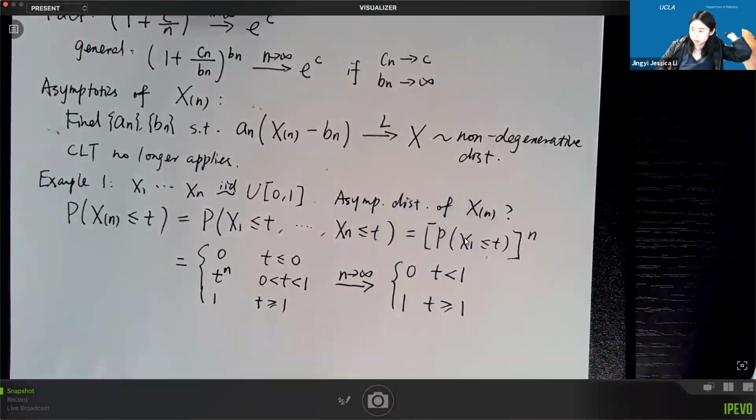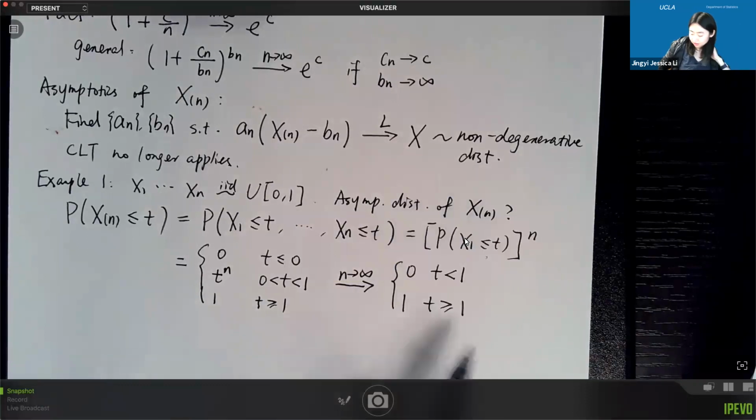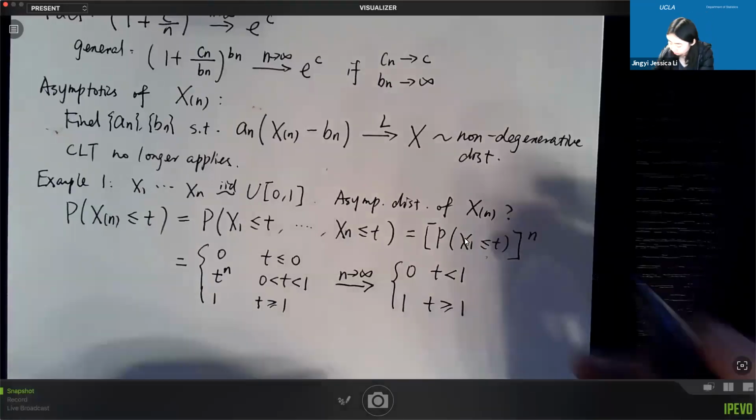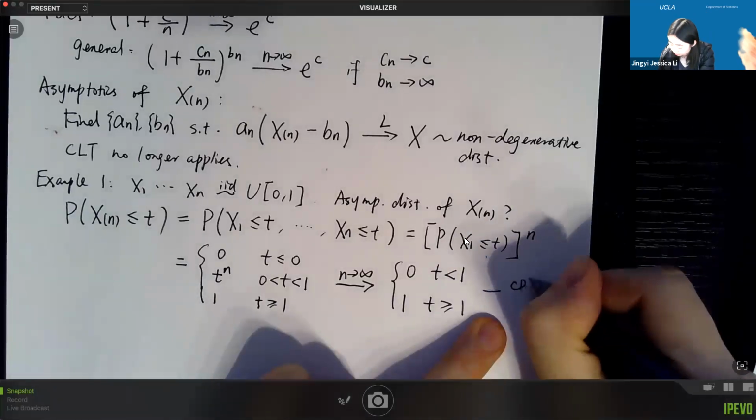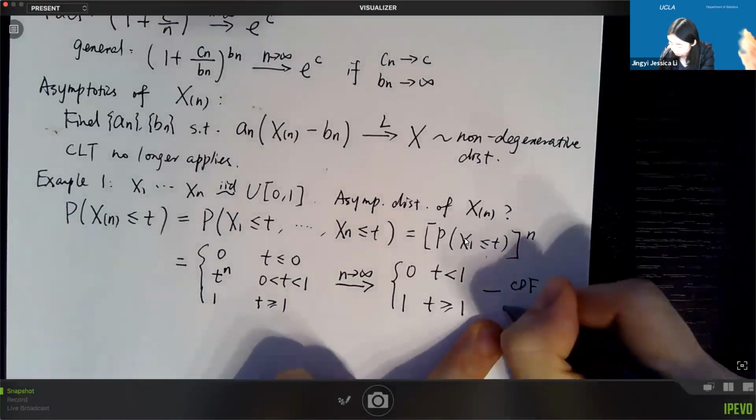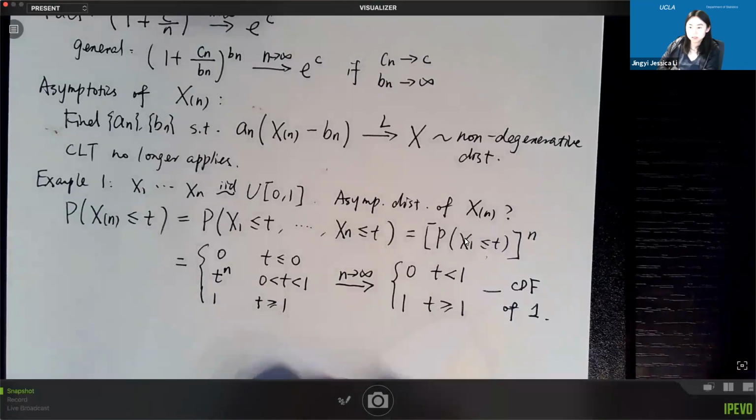That will be the limit of the CDF. And this is what? This is exactly the CDF corresponding to a point mass at 1, right? This is the CDF of the random variable 1.